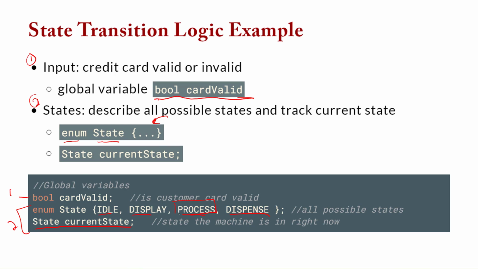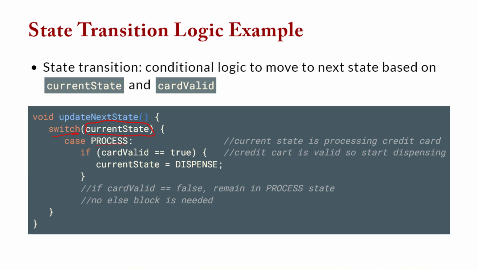So if I'm in the process state, if my card is valid, then I change my current state to be dispense. If the card was invalid, I would remain in process and keep going. Okay, so this is part 3. This is my transition logic. And then if you wanted to, you could have the output, which could be produce the cupcake.